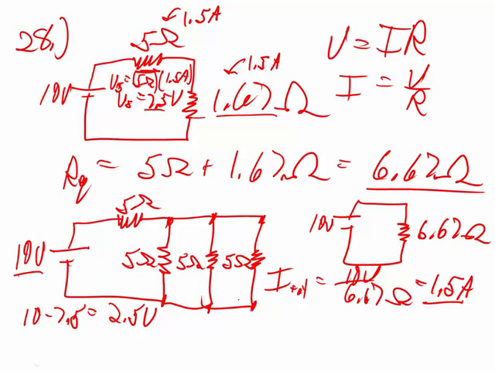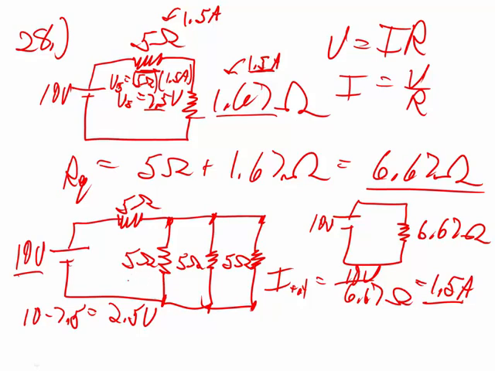Okay. Now, what about the amperage? Well, we know that there's 1.5 amps here on the combination. Since they are all the same resistance, we can split that. 1.5 amps divided by 3, and what do we get?